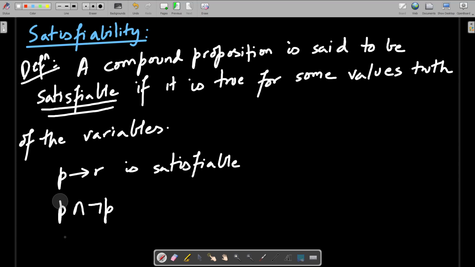Always false, right? So this is not satisfiable, because it is never true. For a statement to be satisfiable, it should be true for at least some values of the variables.